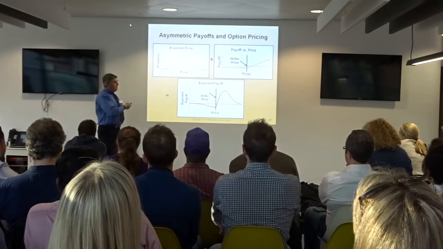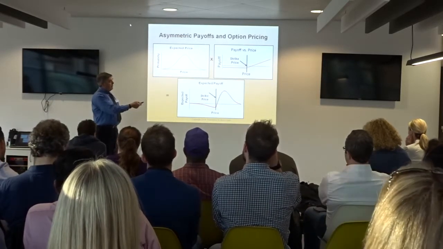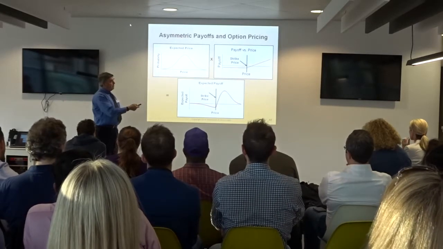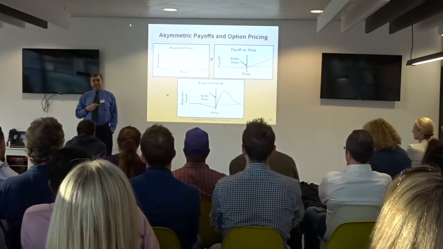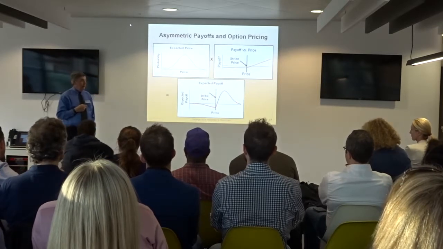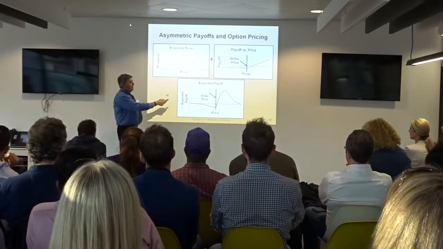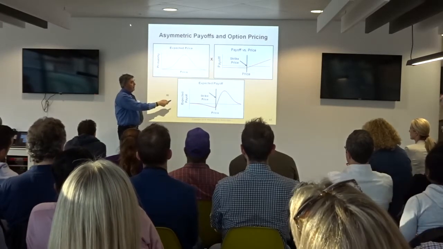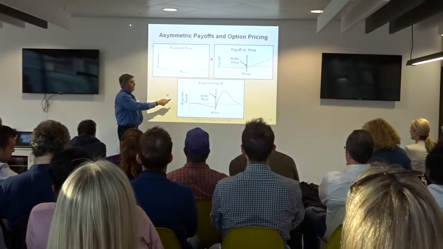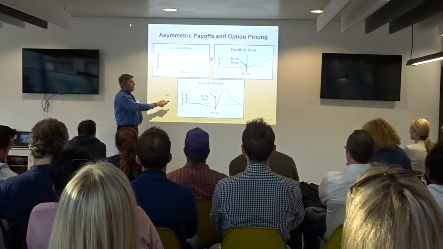I've got three graphs here on this page. The upper right-hand graph is what we call the payoff function. This tells me how much money I make from an option as a function of the price level of the stock. An option gives me the right to buy a stock at a strike price. Let's say I've got the right to buy Apple stock on the 15th of July at $140 a share.